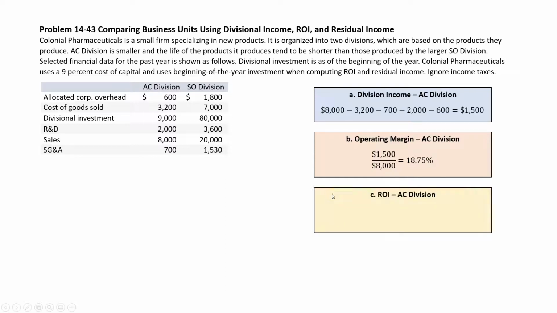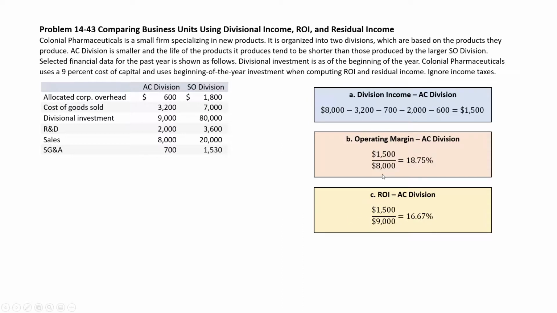Now, perhaps a new measure for you is ROI or return on investment introduced in this particular chapter. Now, it is similar to operating margin in that we have the same numerator, the $1,500. In fact, really, we should have had net income in this one, but again, we're not provided the tax information, so operating income or division income is going to have to do.